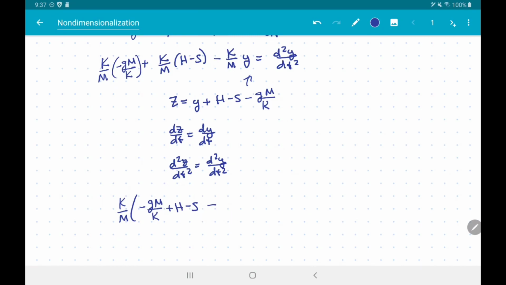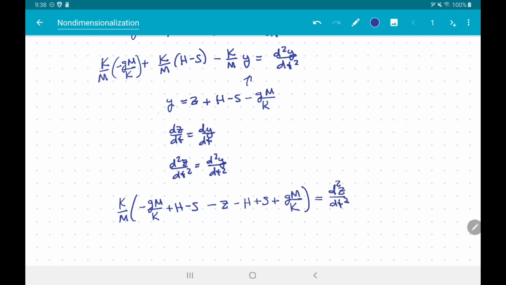Do I have the wrong sign in here somewhere? Yeah, I think I got it backwards. Sorry. What I wanted was this. Okay, that's what I wanted.